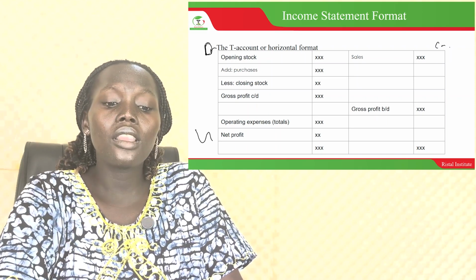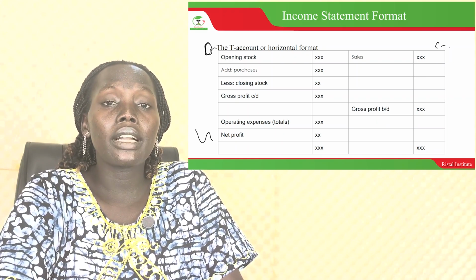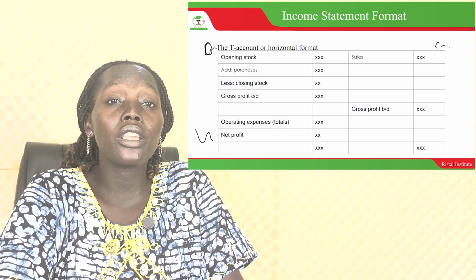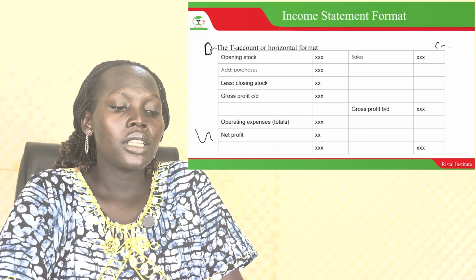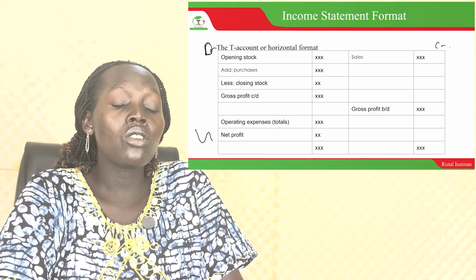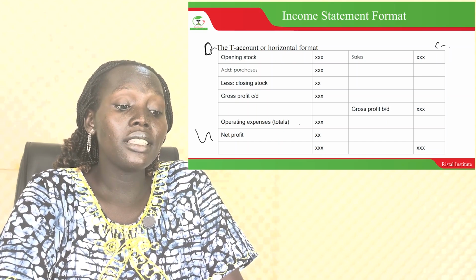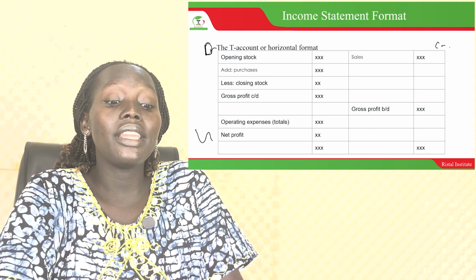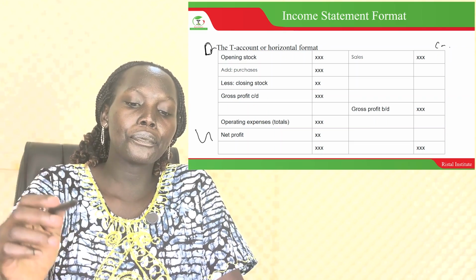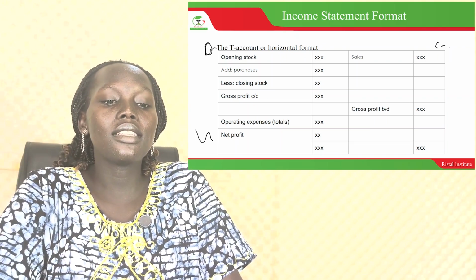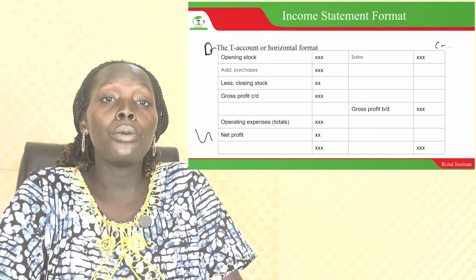Remember, when we are calculating the income statement, we are looking at whether the company is making a loss or making a profit. So operating expenses are also put under the debit side to get our net profit. This is the simplest method, but it is not recommended.